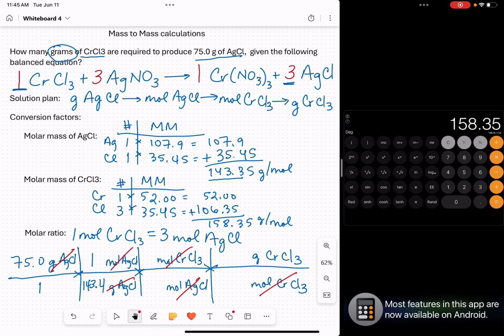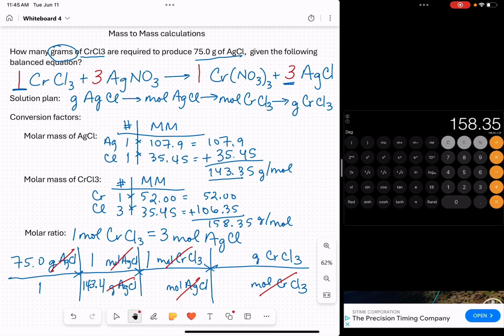And next, the mole ratio from the equation, there is a 1 in front of chromium 3 chloride in the chemical equation, and there's a 3 as the coefficient for silver chloride. Now the last numbers: 1 mole of chromium 3 chloride is equal to 158.35 grams, because that's the molar mass we calculated earlier.